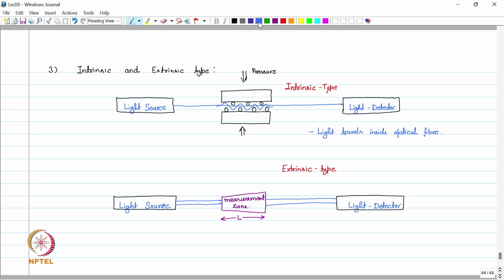So we have two optical fibers, the feed fiber and the return fiber, and a separate zone is inserted in between.